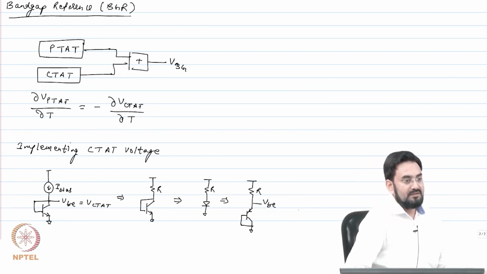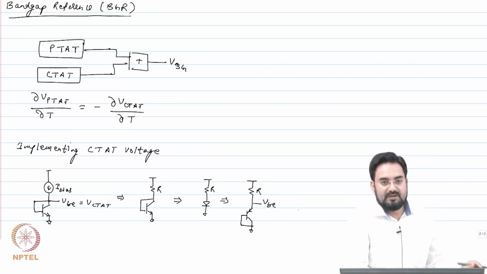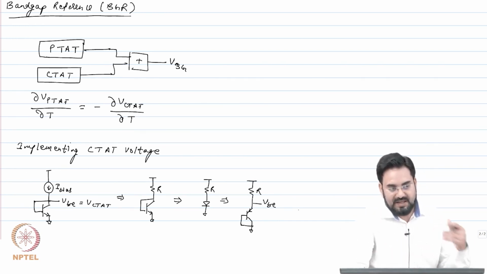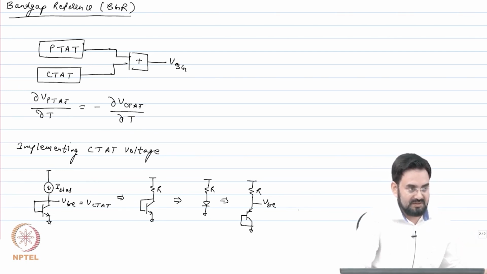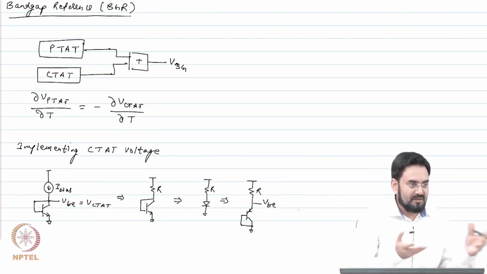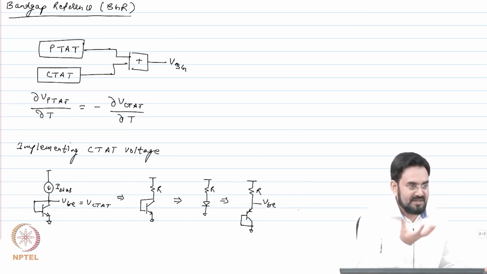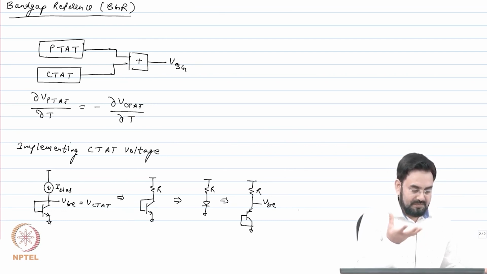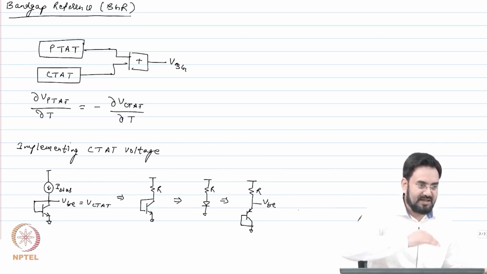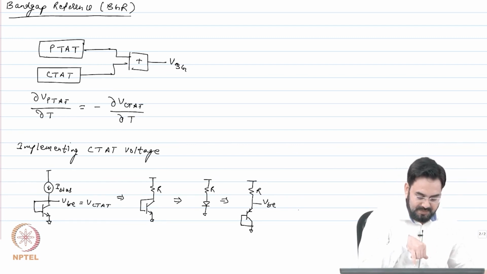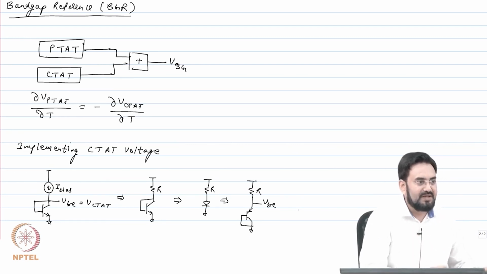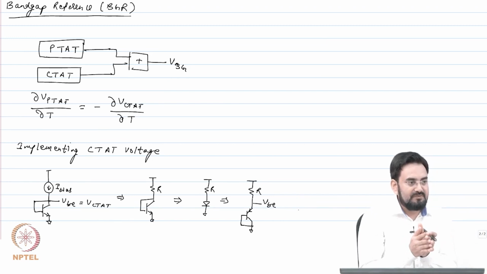Most of the time we use PNP because in the standard CMOS process what you actually get is the parasitic bipolar, you do not get active bipolars. So, there is a difference between parasitic and active. Active bipolar is fabricated through the process and it is mostly vertical, and the parasitic bipolar, when I say, you get by default when you fabricate the CMOS, PMOS and NMOS.